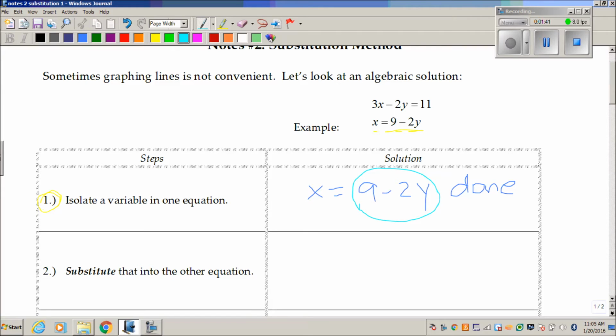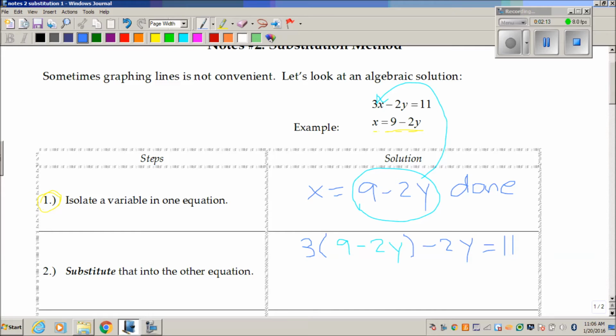So the other equation says 3 times 9 minus 2y. I'm substituting this expression instead of x, and then continuing to write the rest of the equation: minus 2y equals 11.